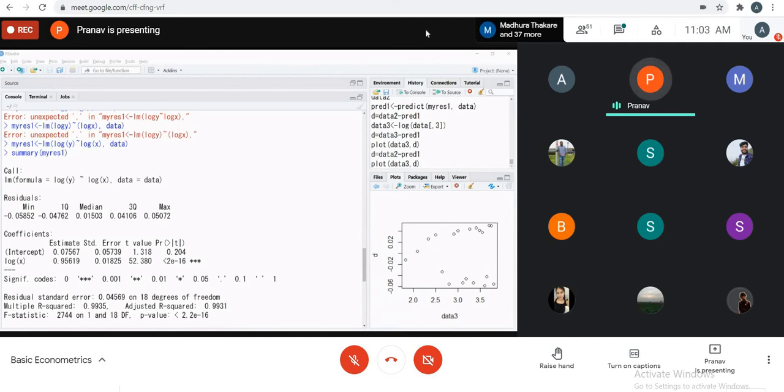Then you have White's heteroskedasticity test, then the Breusch-Pagan test, and the Goldfeld-Quandt test. And then there are other tests such as likelihood ratio tests. We'll discuss these tests one by one using examples, but before that, let us try to understand the theoretical underpinnings of all these tests.